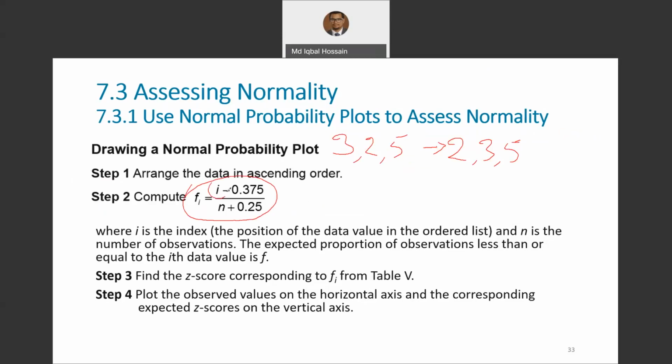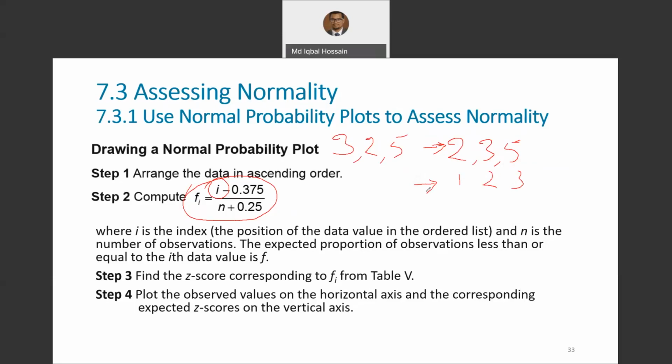Here we have three values in this data set, so we will get three values: F1, F2, and F3. And i will have three values. For the first value i is 1, for the second i is 2, for the third i is 3, because i is which number value it is.